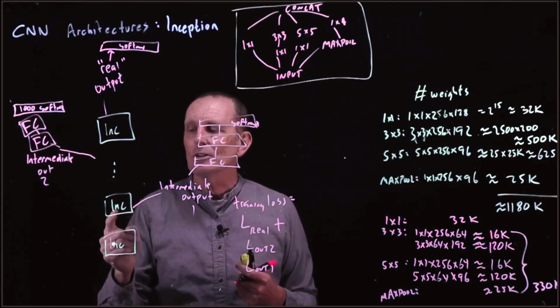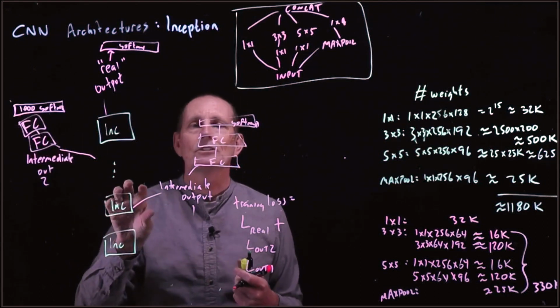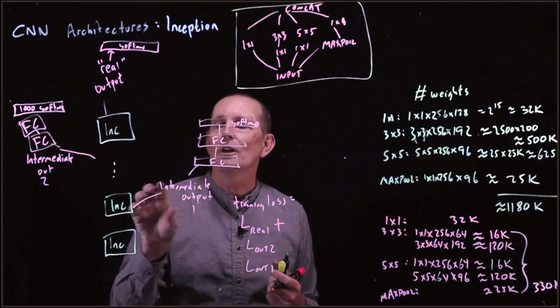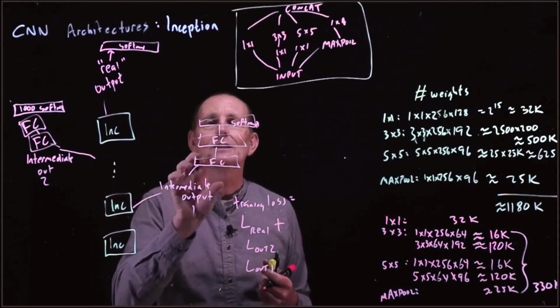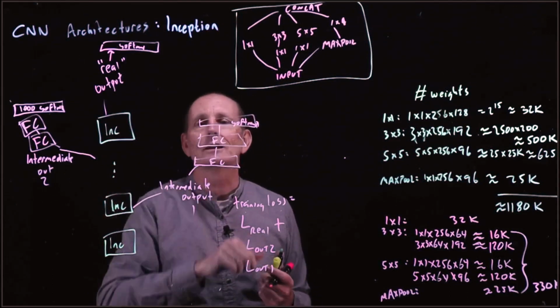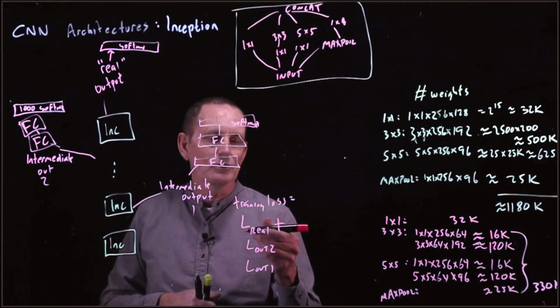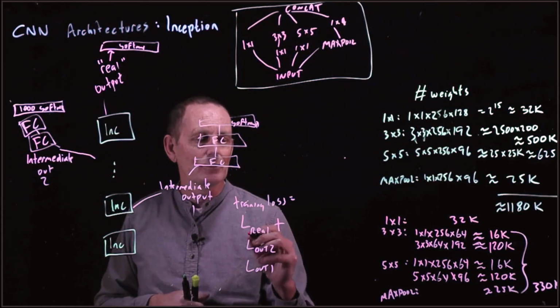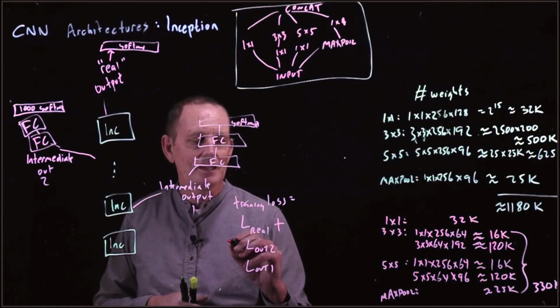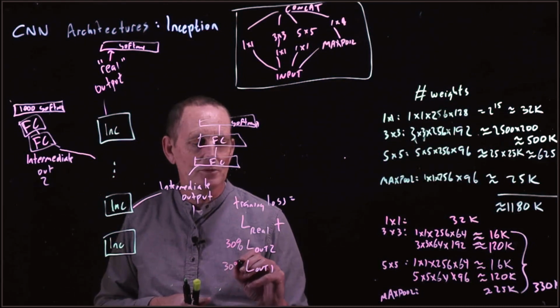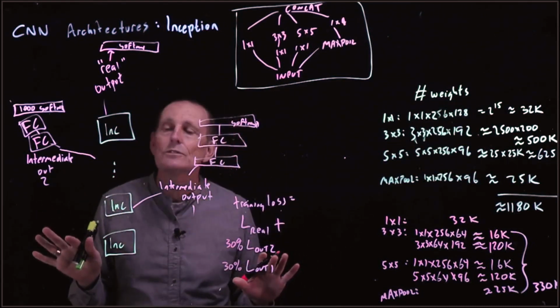And similarly, how good does even just the second Inception layer do in terms of providing enough useful information such that we can train some fully connected layers in order to solve the problem. So we don't treat these all equally. We do, let's say, the real training loss plus maybe 30% of the output 2 plus 30% of the output 1. This is only used for training.